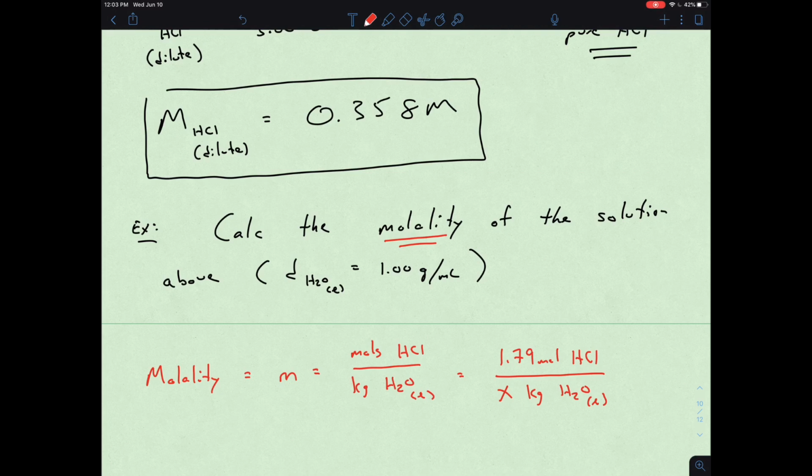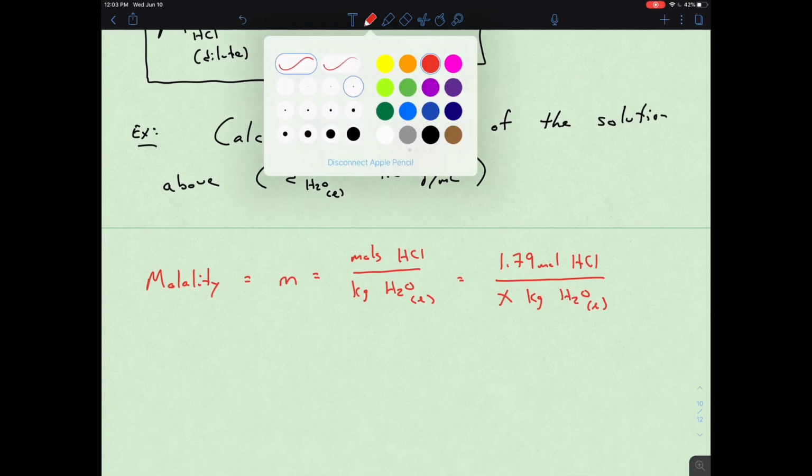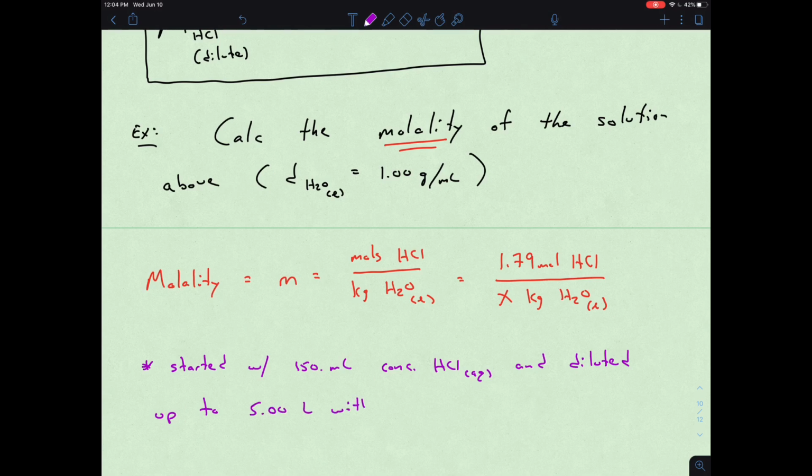So some simple things that we could look at is, we started with 150 milliliters of the concentrated HCl and diluted up to our 5 liters with water.